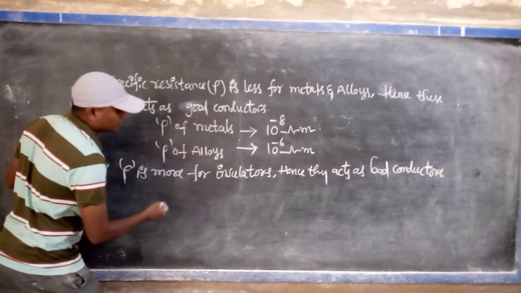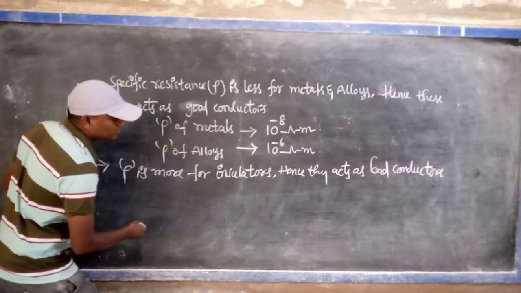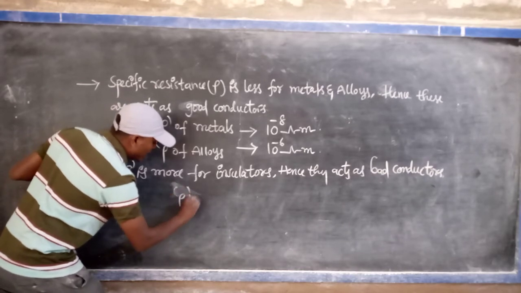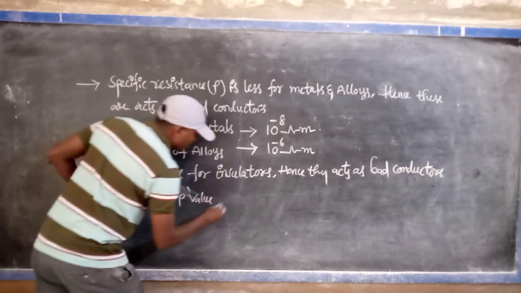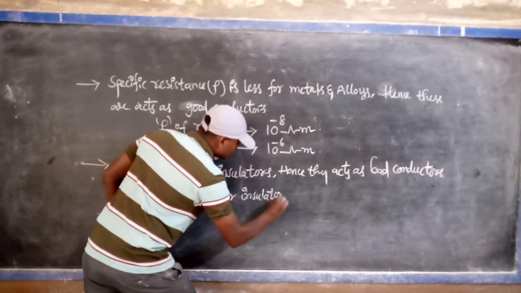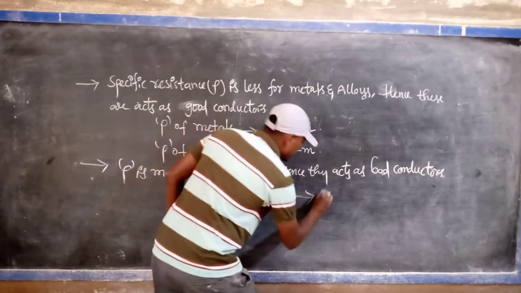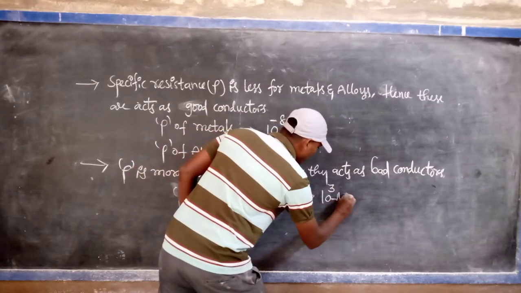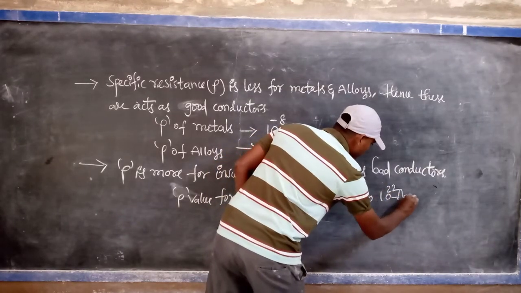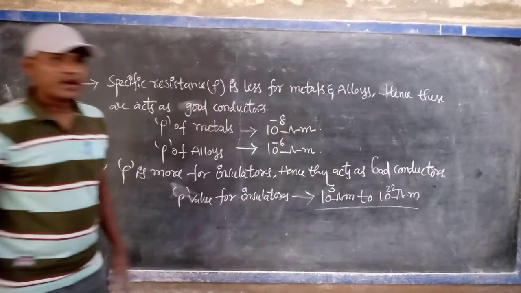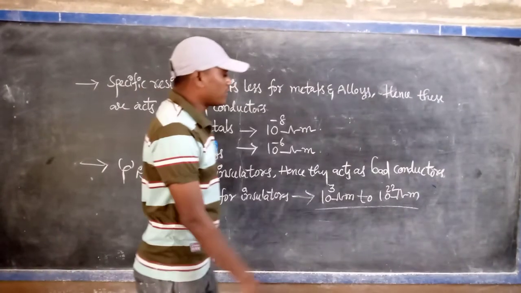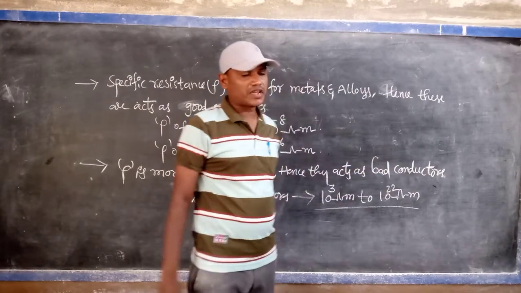For example, the rho value for insulators is in the order of 10 power 3 ohm meter to 10 power 22 ohm meter. 10 power 3 is nearly for wood, and 10 power 22 is for one type of gas.